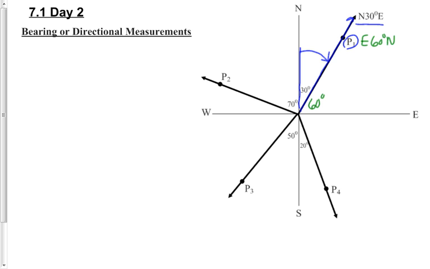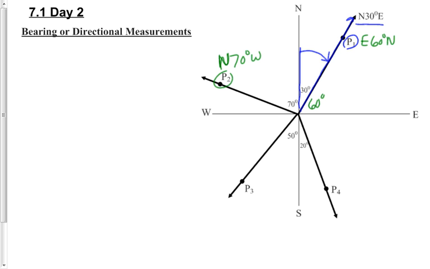Let's take a look at point 2, P2 over here, and let's get a bearing measurement for that. We could start by saying going north, but it's not going directly north, it's going 70 degrees towards the west. So that bearing measurement would be north 70 degrees west.